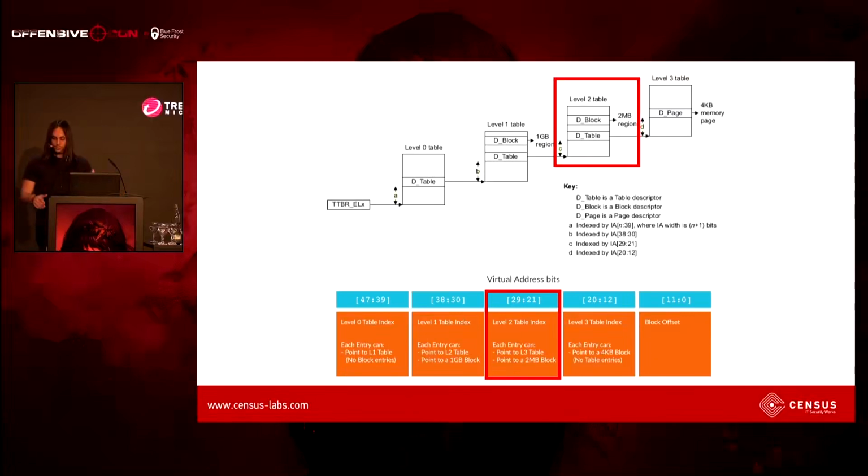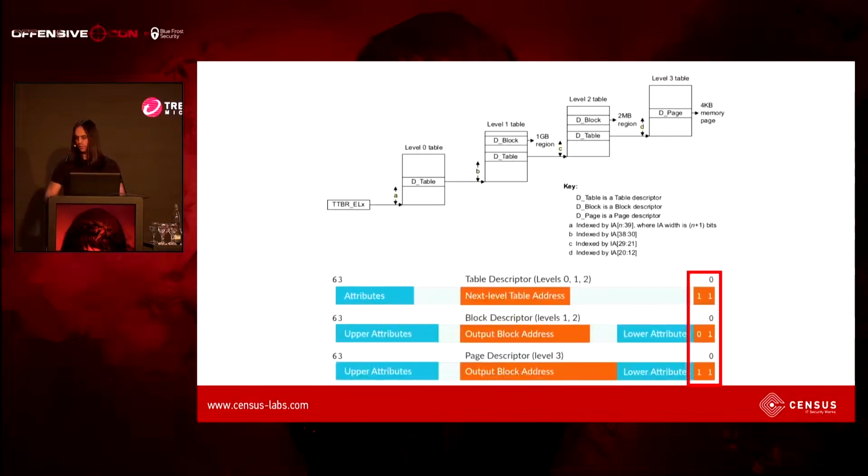Each level 2 table entry, indexed by bits 29 to 21, can either point to a level 3 table or to a 2 megabyte region, effectively ending the translation process. And how are these distinguished? The entry type is in the least significant bits of the entry.